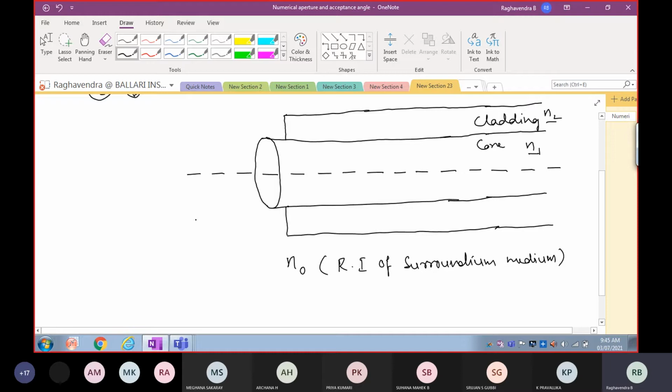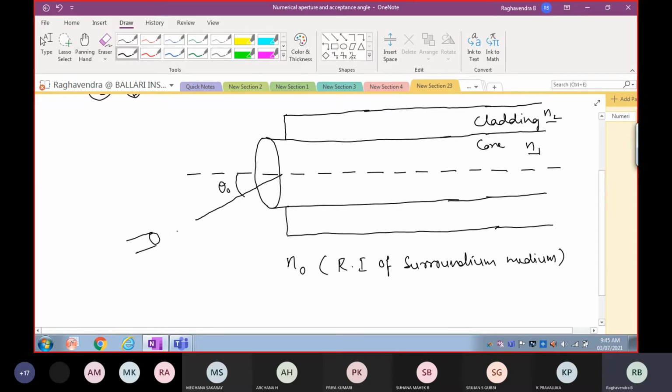Consider a ray traveling from the surrounding medium into the core part of the optical fiber. Here the angle of incidence is theta naught. Consider a ray which is emitted from a source.